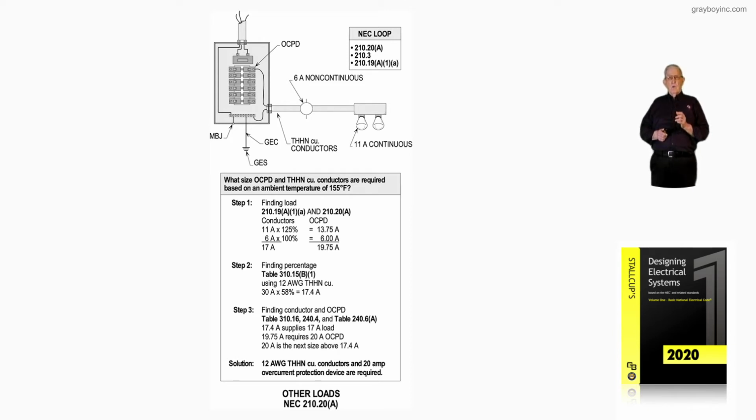So the question is what size overcurrent device and THHN copper conductors are required based upon the ambient temperatures of 155 degrees Fahrenheit. Now, usually to get into that heat, you're either on the roof or you're right up against the ceiling in the valley of the roof, where you see in times past electricians run those conductors, and then they would have heating problems back at their circuit breaker and the service equipment.